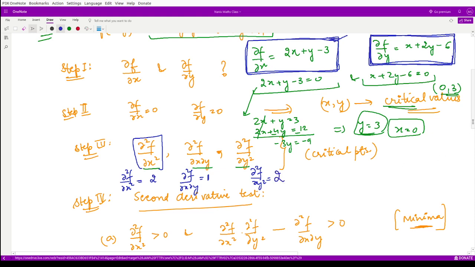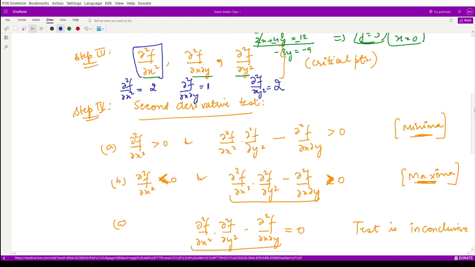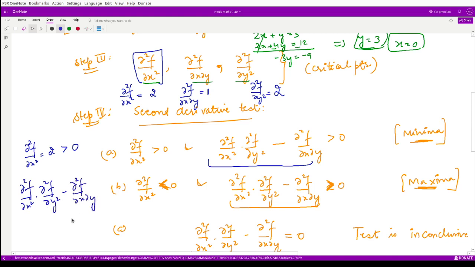Now we will perform our second derivative test at the given point (0, 3). Here we are to check two quantities. First is del 2f upon del x2. This quantity is 2, which is positive. Moreover, we check del 2f upon del x2 into del 2f upon del y2 minus del 2f upon del x del y squared.